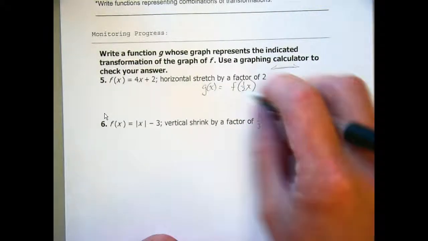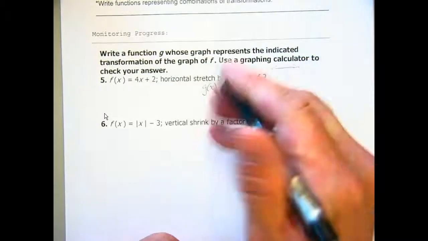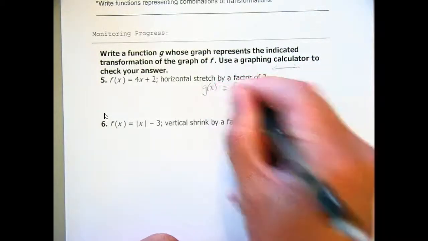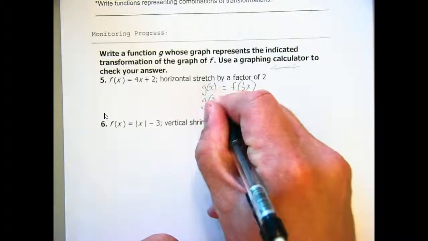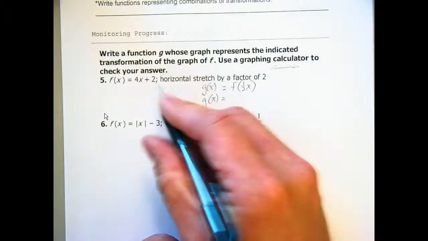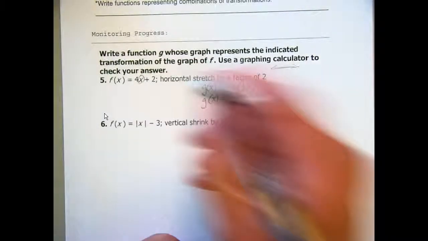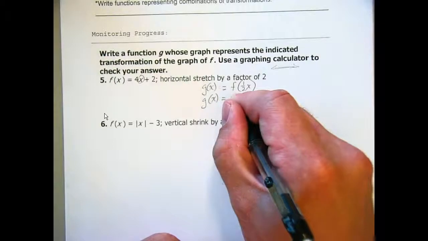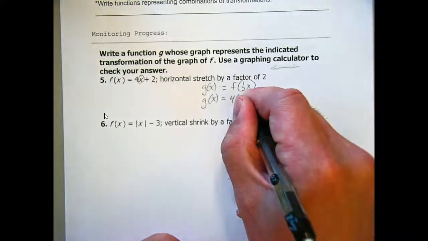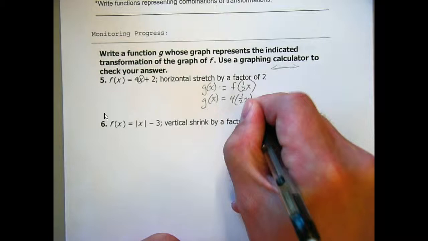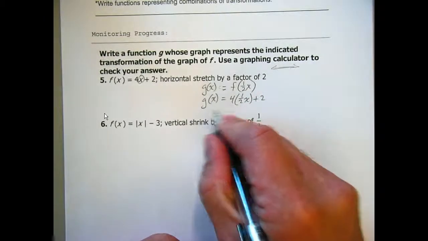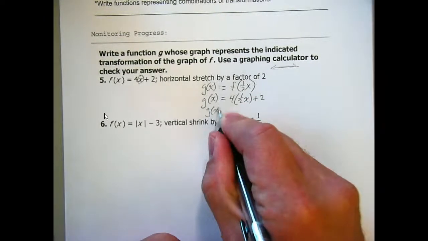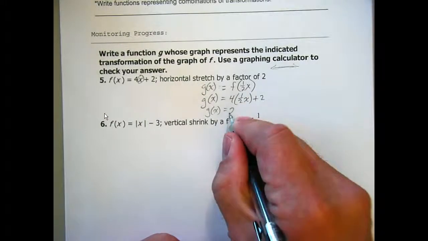So in that case, g of x equals, plugging 1/2 in for x, 4 times 1/2 x plus 2, or g of x equals 2x plus 2.